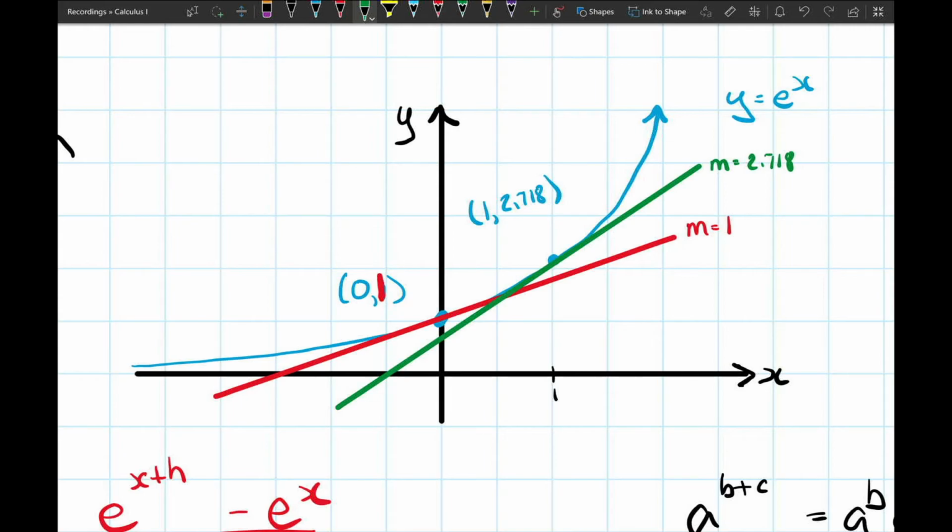Whatever the y-coordinate is on the graph of y equals e to the x, its rate of change is equal to the y-coordinate. So whatever the y-coordinate happens to be is also the slope of the tangent line. It does make a little bit of sense when you think about exponential growth. The larger the value, the faster it's growing. And that's the idea of exponential growth.